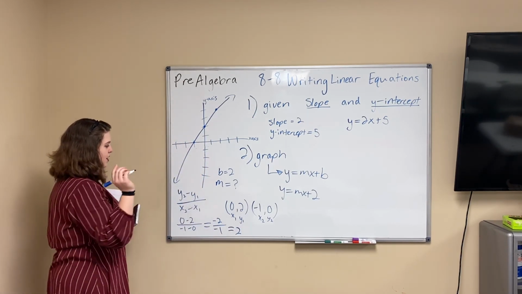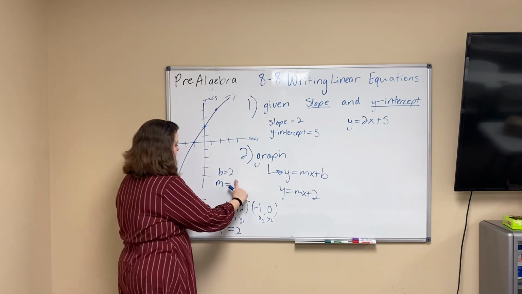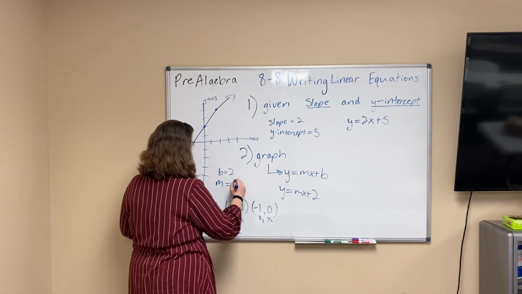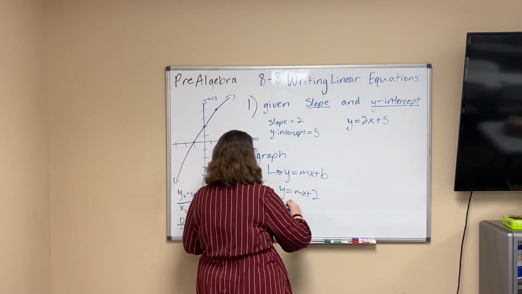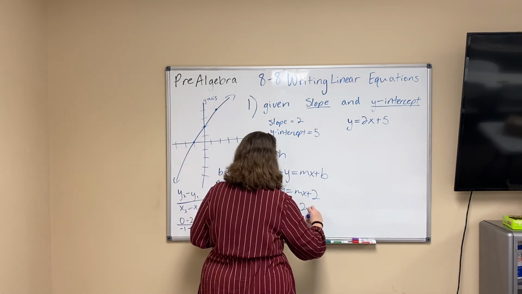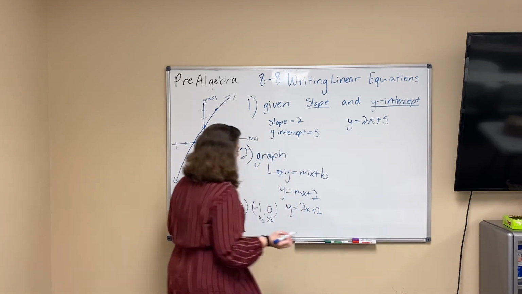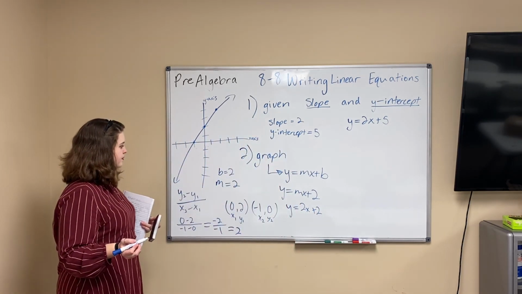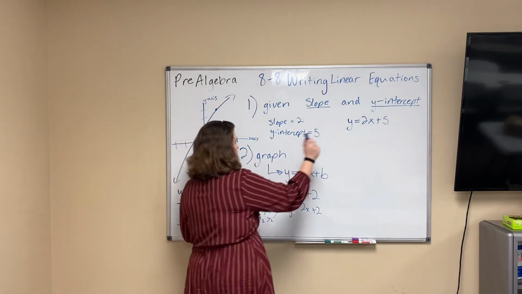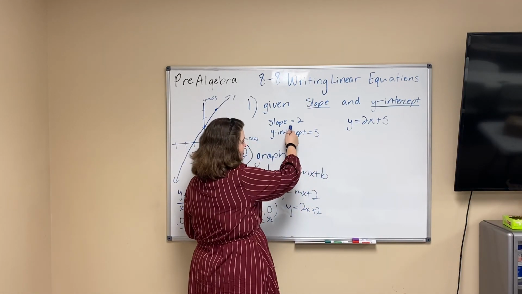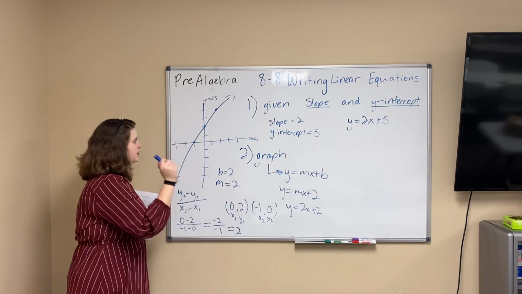So now we know our slope, which is our m, is also 2. So we plug it into this equation: y equals 2x plus 2. And we're done. Same thing as we were doing up here, except when we are not given slope and y-intercept, we have to figure them out.